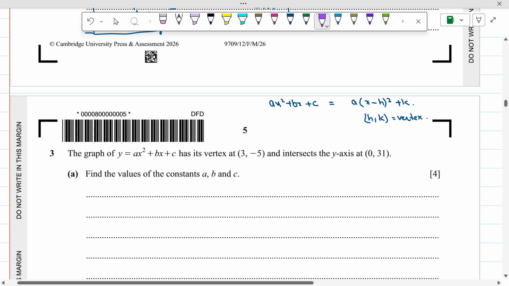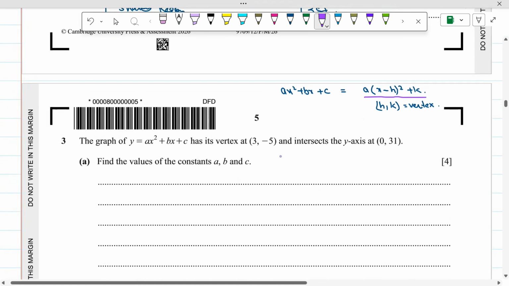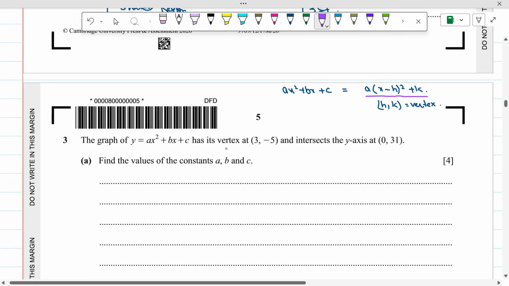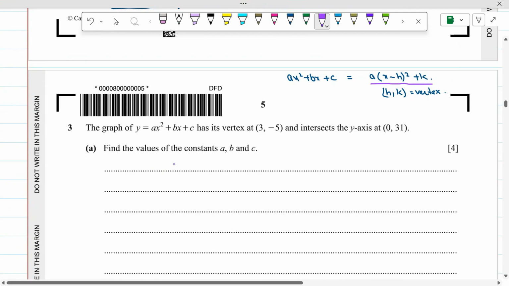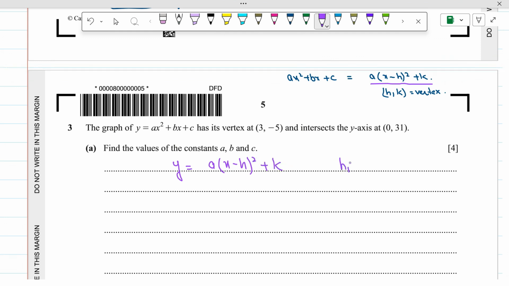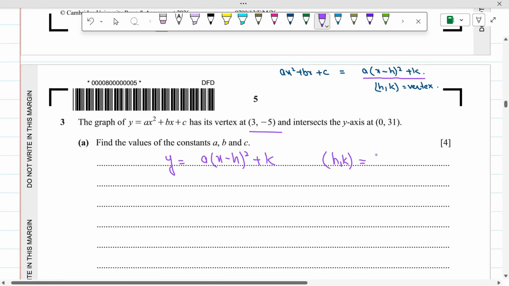So we can use this format to find the equation of the parabola. For example, we have y equals a times (x minus h) whole squared plus k, where h and k is the vertex given, which is 3 and negative 5.